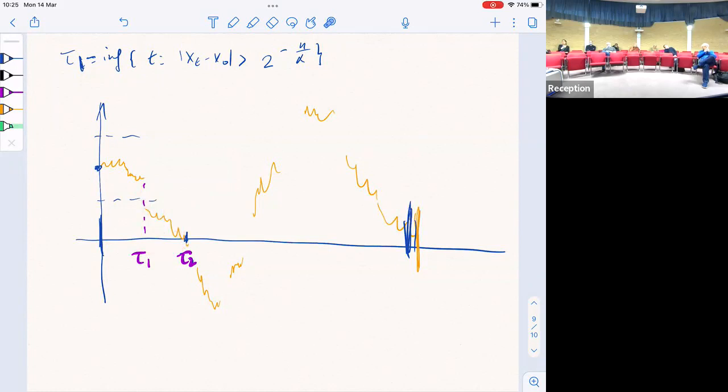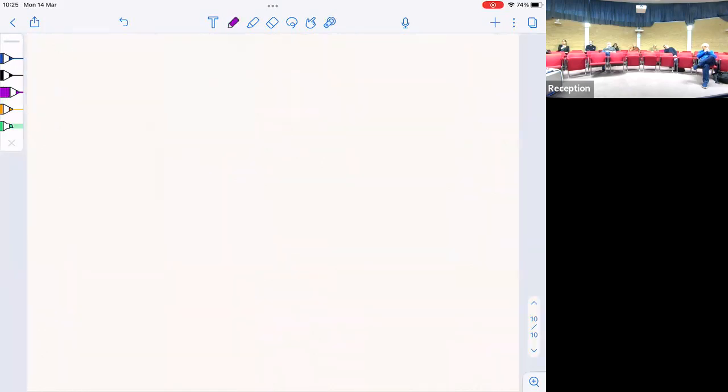So the question is, how many stopping times are there in a particular interval of side length 2 to the negative n? And this is where I can use my Markov property. Let's say I want to see k exit times within an interval of side length 2 to the negative n. Obviously, this would mean that tau k minus 1 is also smaller than this, because these are increasing stopping times.